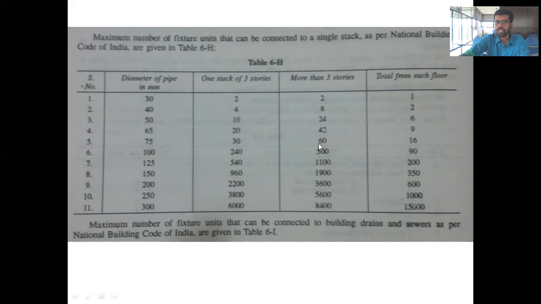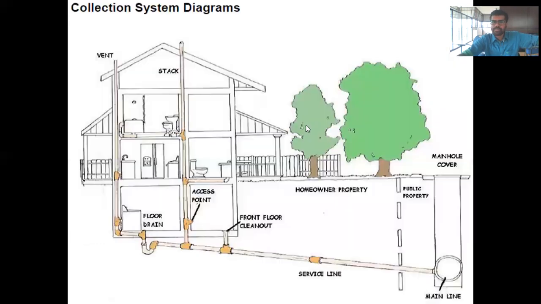For more than 3 stories, this is the fixture unit, and depending upon the different fixture units, you can choose the diameter. This is the total from each floor. If 10 floors are there, from that particular floor, how many fixture units can be given to 30 mm? Only 1 fixture unit.